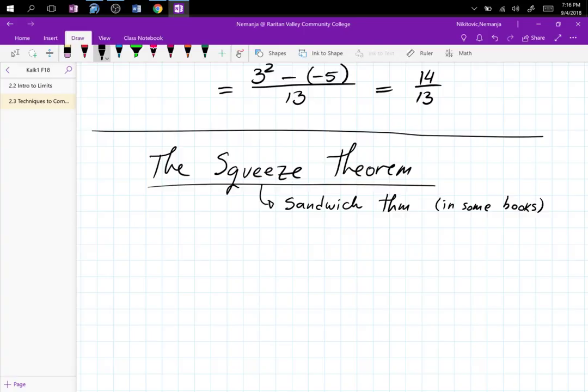So, if I am able to squeeze the badly behaving function in between nice, easy behaved functions, then the limit is forced to be the same.